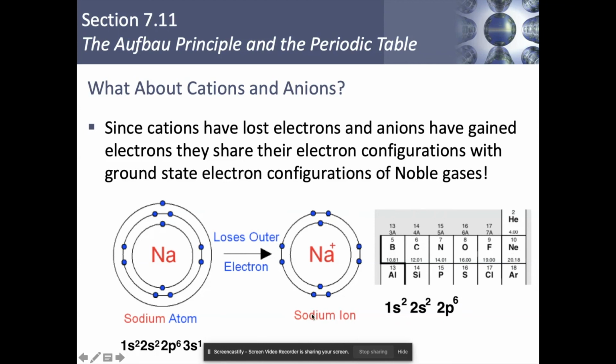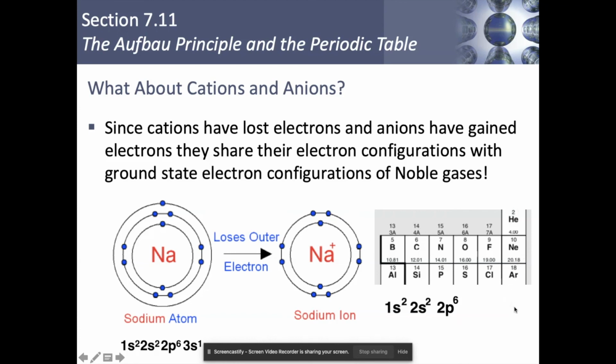So it's important that when you're looking through and writing ground state electron configurations for things, that you know whether you're talking about an atom, like this, or if it's an ion. Because if it's an ion, there are plenty of ions that exist that have an electron configuration that would be the same as neon, or the same as argon, or the same as helium.